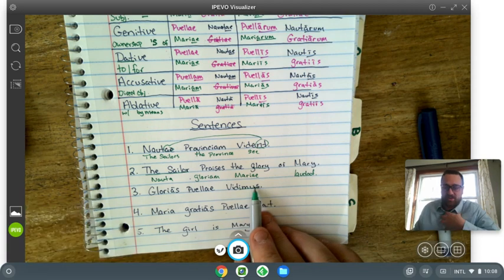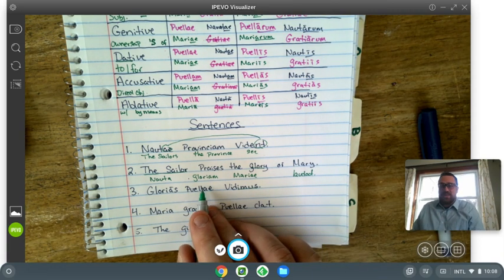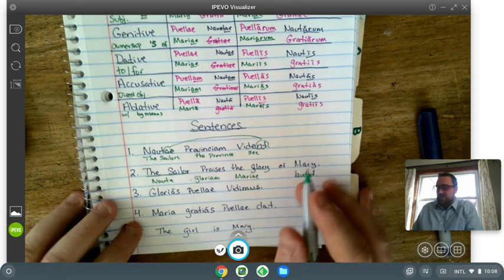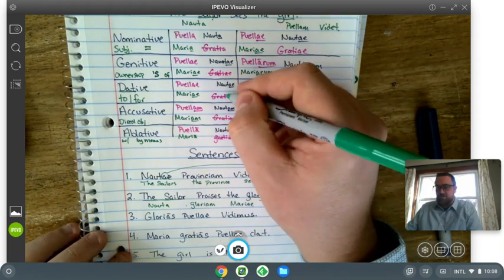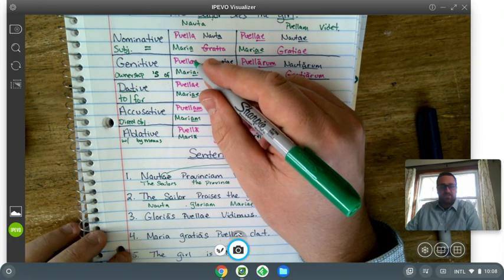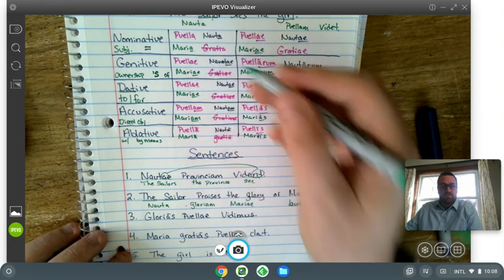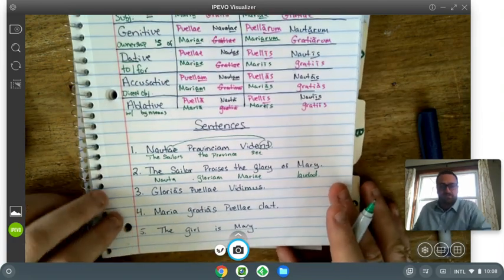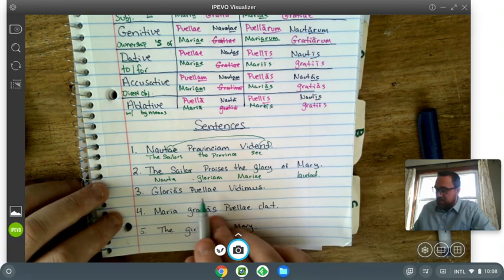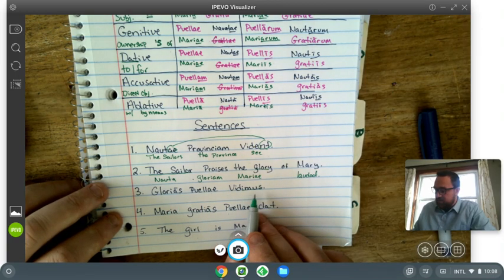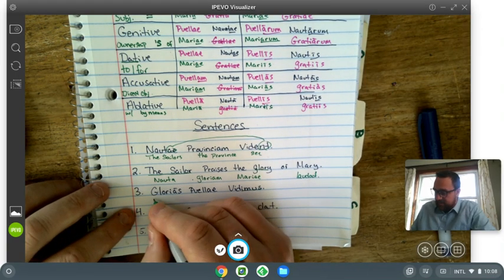That means we do it. So we are the subject of the sentence. So this puellae is not the nominative puellae, it's one of these puellae. Okay, it's either of the girl or it's to or for the girl. So glorias puellae vidimus. So we see.